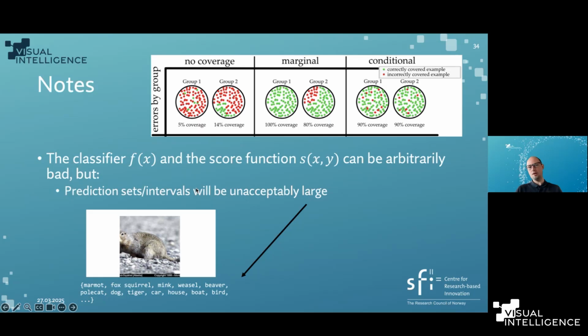In principle, they can be arbitrarily bad, which might sound too good to be true, but of course, if that is the case, the only result will be that your prediction sets will be unacceptably large and may even contain all the classes in the class taxonomy of the classifier. So then it won't be of any help.